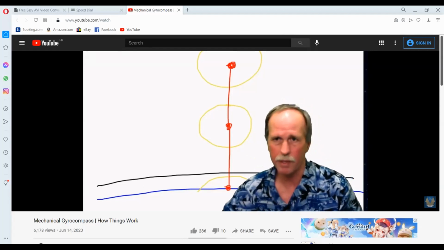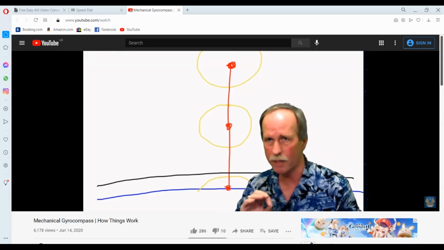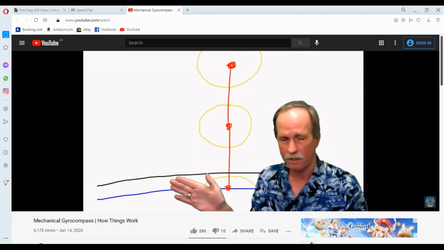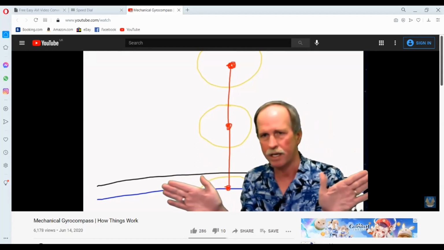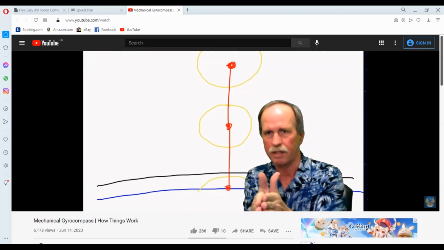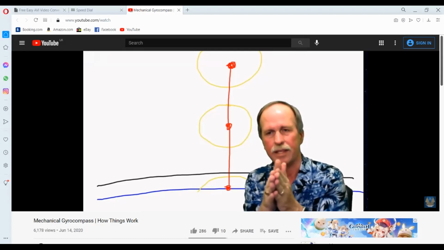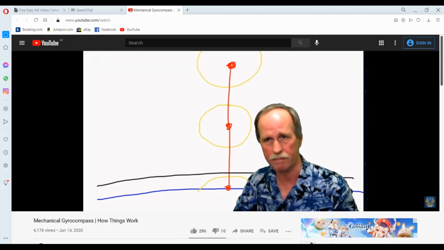So what we end up with, no matter what direction the gyro compass is pointing, whether it is at the east or the west, what will happen is the gyro compass will precess from both directions until it gets to the north. And that is the principle behind a gyro compass.